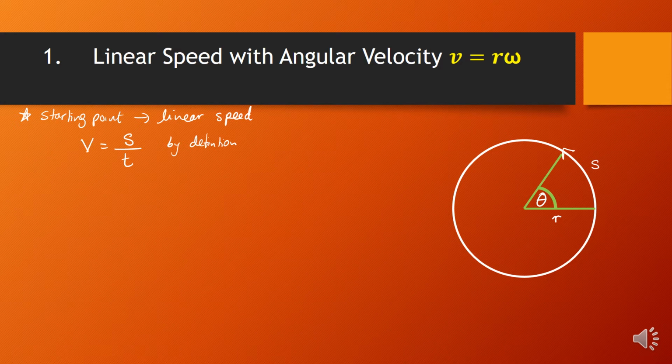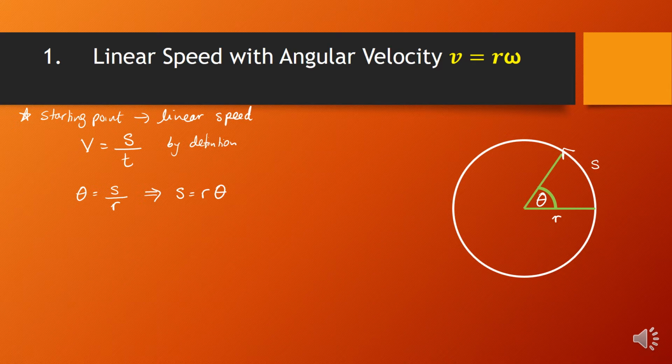We saw that theta could be given by s over r, and when s and r are equal, we got an angle of 1 radian. So let's manipulate this equation, multiply both sides by r, and you get an expression for s: s equals r theta.